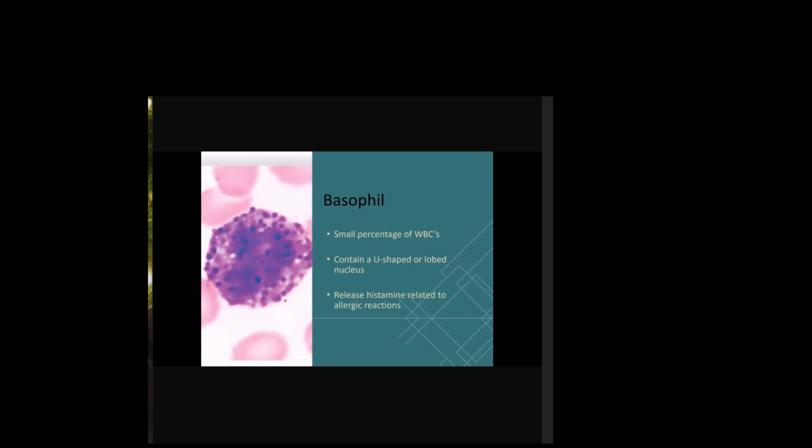That is why, when you have an allergic reaction, you take antihistamines to gobble up the histamines produced by these basophils. Then the influence that histamine has, for example making your blood vessels enlarge, is annulled or canceled out when you take antihistamines.